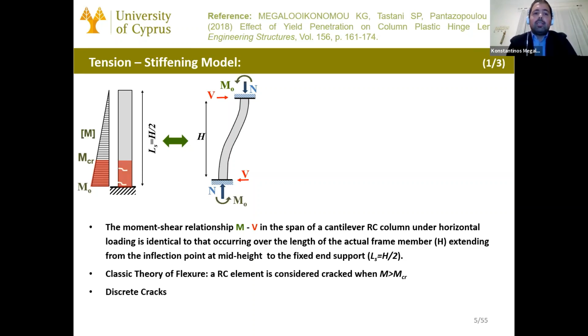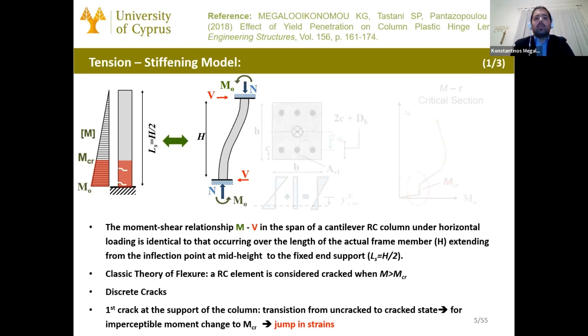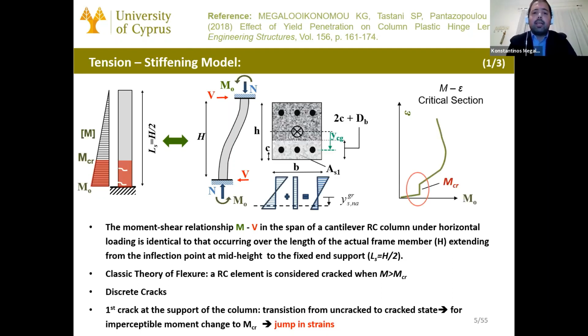We consider discrete locations for the cracks, and the first crack, of course, appears at the critical section at the support in a cantilever column, and the transition from uncracked to cracked may cause a jump in strains in the moment-tensile strain diagram of the critical section.